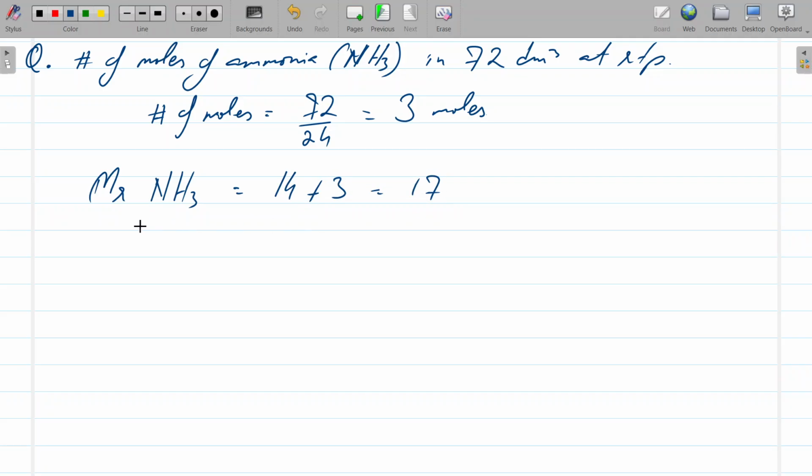And so you've got 17 into 3, which gives you what? 51 grams. So this is 17 grams per mole. And so in 3 moles, you've got 51 grams of ammonia gas.